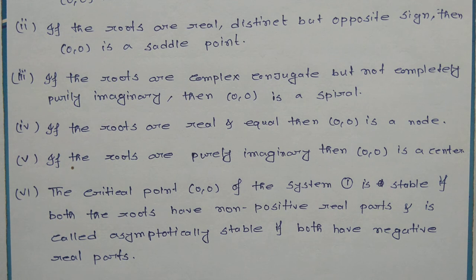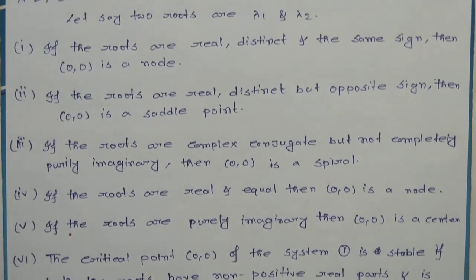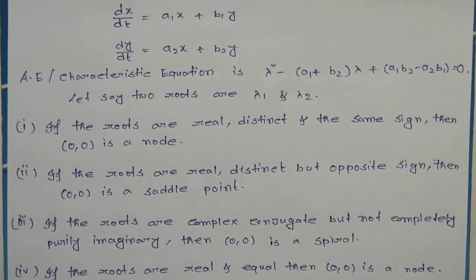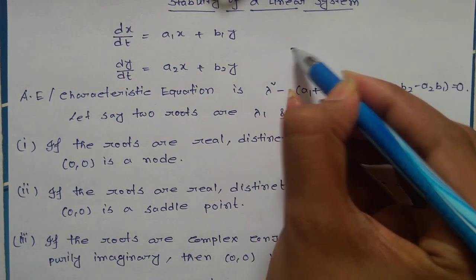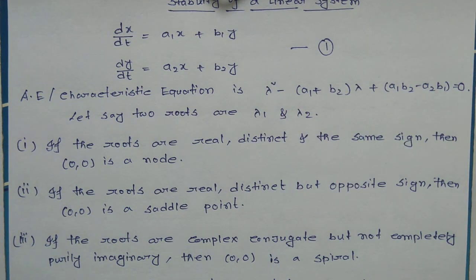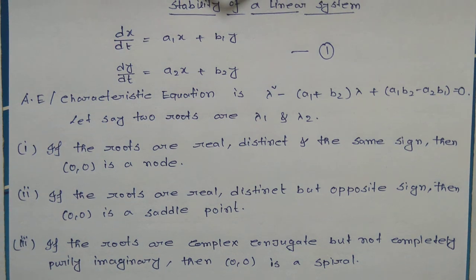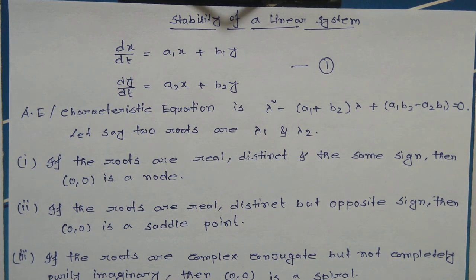so this is all about the stability of the linear system. Okay, now this is the system 1. This is a very important concept for the linear system, and you can sometimes expect questions from the stability of the linear system in competitive exams like NET and GATE.